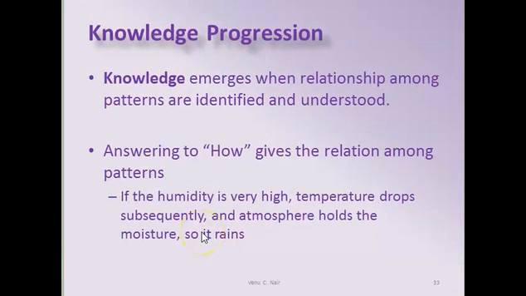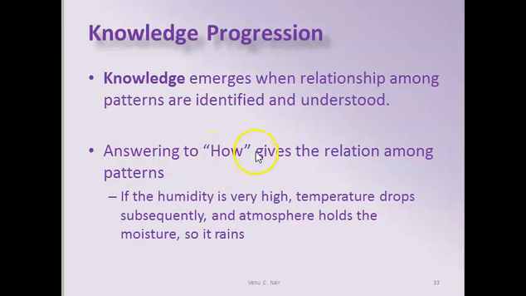Then we have the knowledge. It emerges when relationship among patterns are identified and understood. Answering to how gives the relation among patterns. So we have the information which are considered as patterns. Then from that pattern or information, we are generating some relation to form the knowledge.